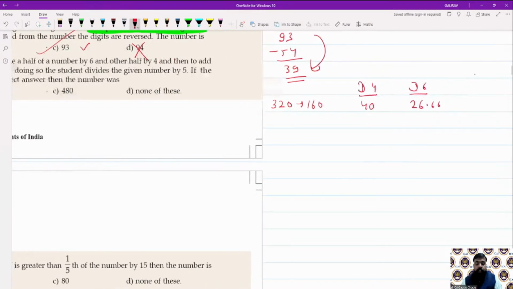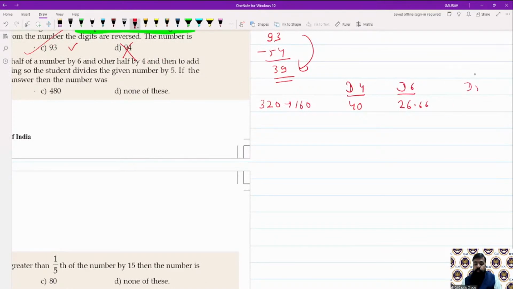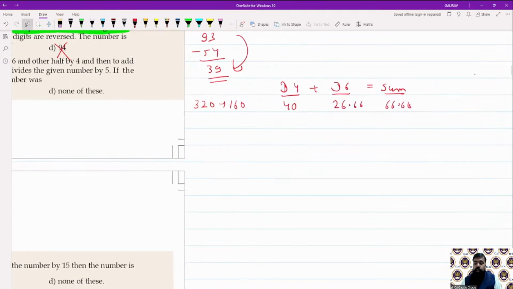Then we have to divide with 5. Before that, we have to find the sum. So let us add. The sum is 40 plus 26.66, 66.66. If we divide 320 upon 5, it is how much? 64. So these two are not equal. Option number A is rejected.